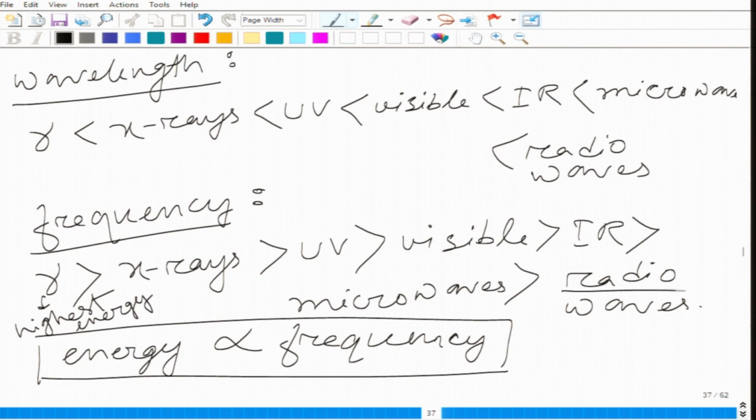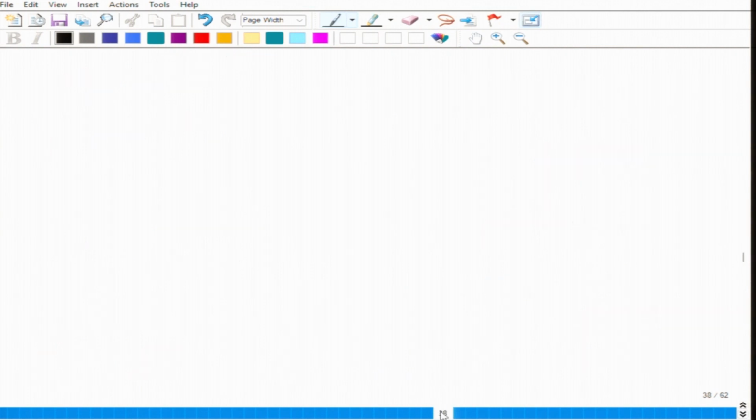And since radio waves have the lowest frequency, radio waves will have the lowest energy. So now we have studied electromagnetic radiations and the electromagnetic spectrum.